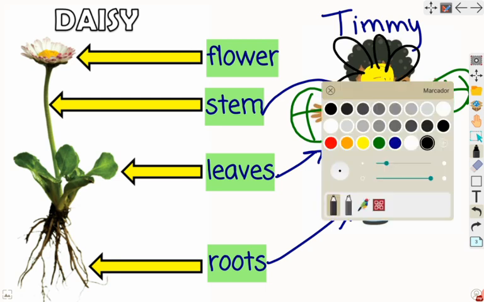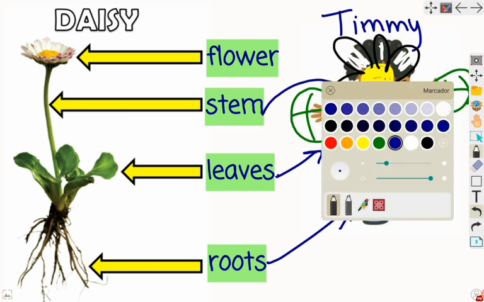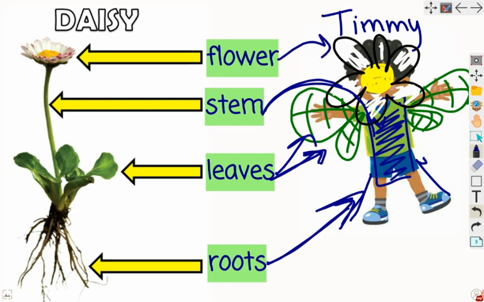Oh, and here we've got a flower. Oh, Timmy. Timmy's a plant now. So with his roots, the leaves, the stem, and the flower. So Timmy is a flower, Timmy is a plant, Timmy is a daisy plant.